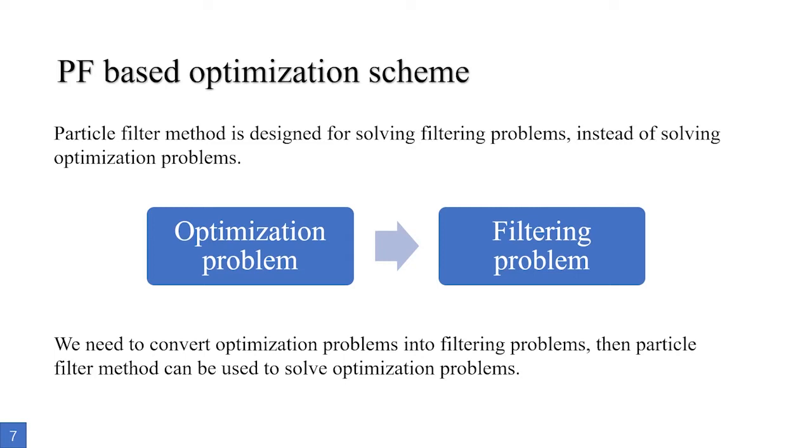The particle filter method is designed for solving filtering problems instead of optimization problems. To solve an optimization problem, conversion from an optimization problem to a filtering problem is needed. Then, the particle filter method can be used to solve optimization problems.